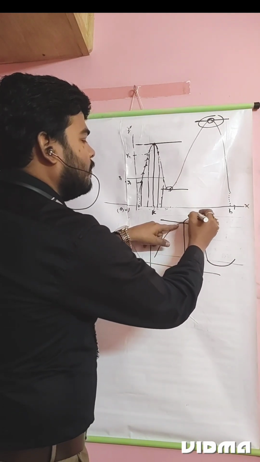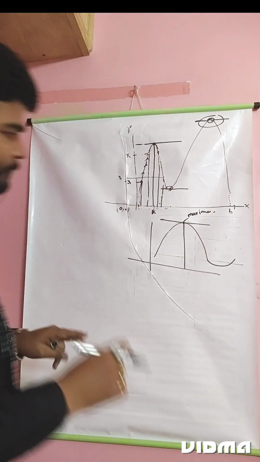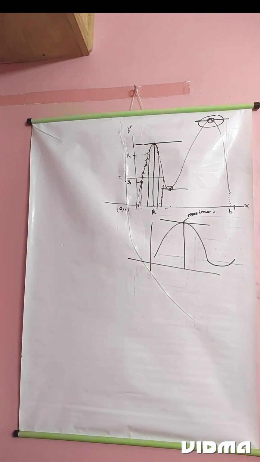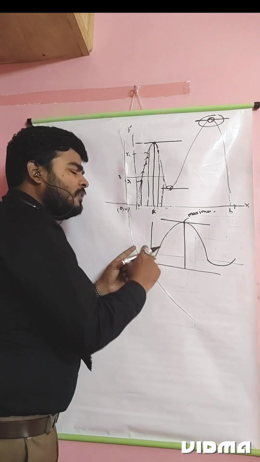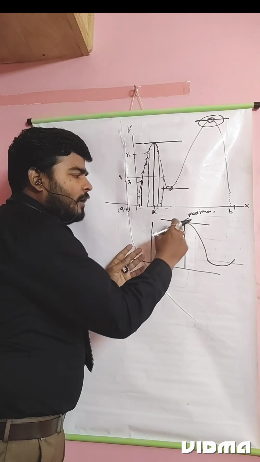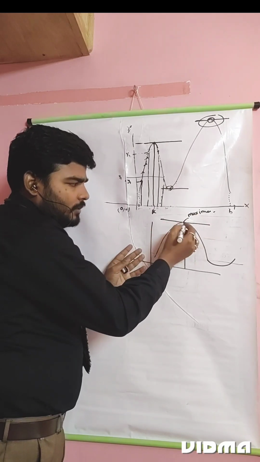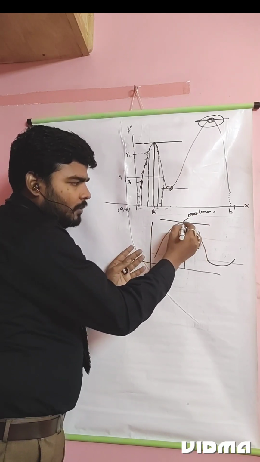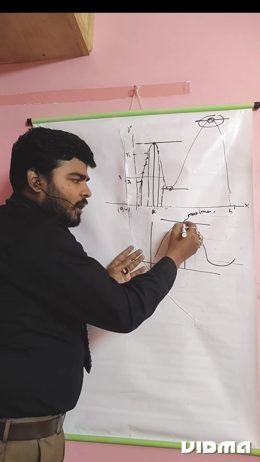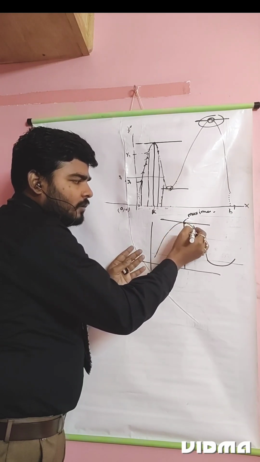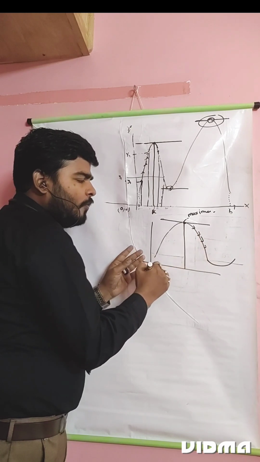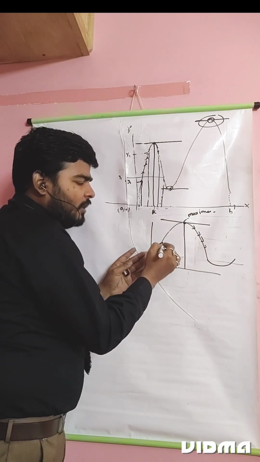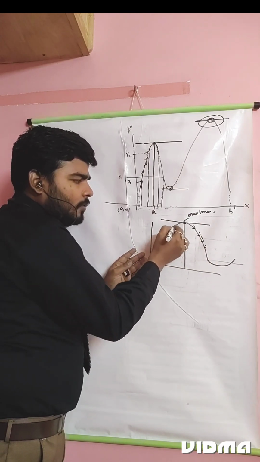The function attains its maximum here. After reaching the maximum point, the function starts to decrease. After this point, the function starts decreasing, and before this point, the function is regularly increasing.